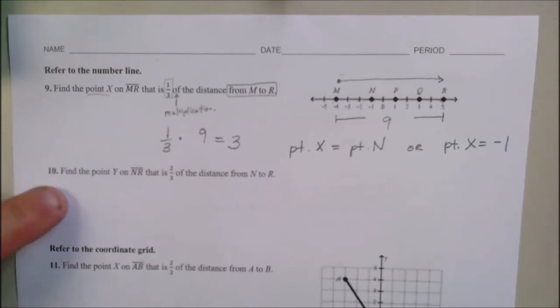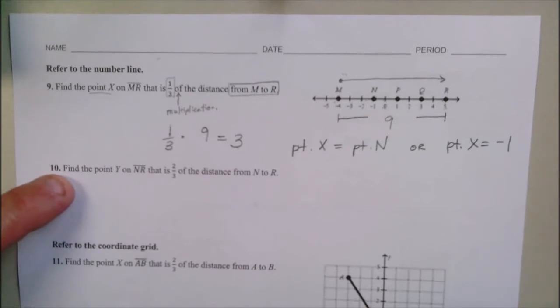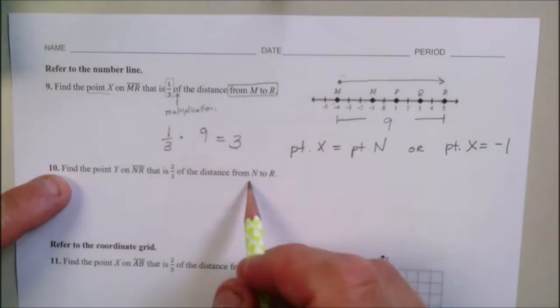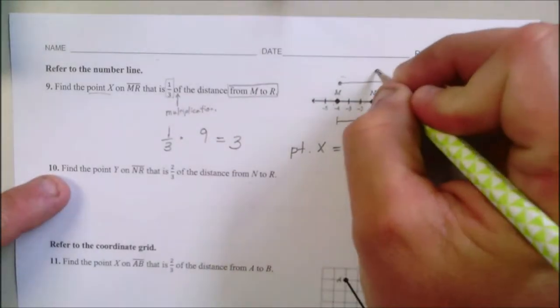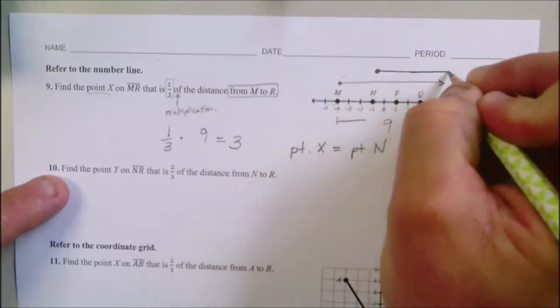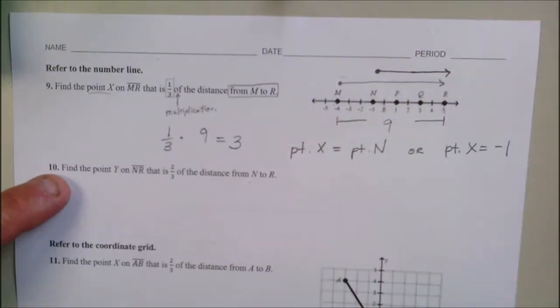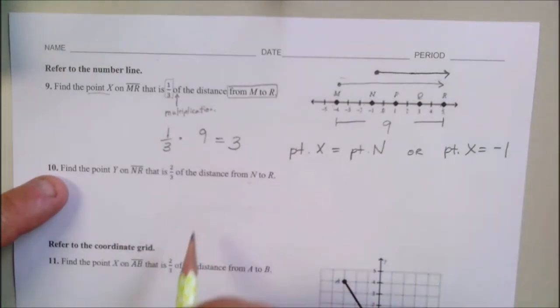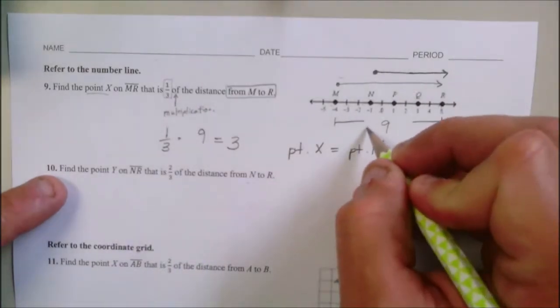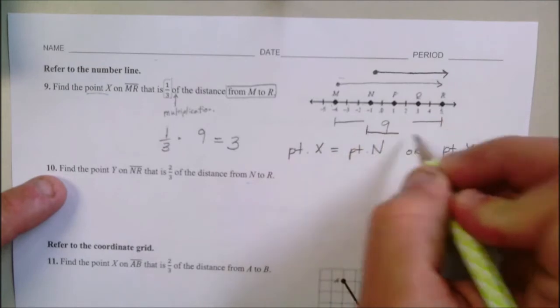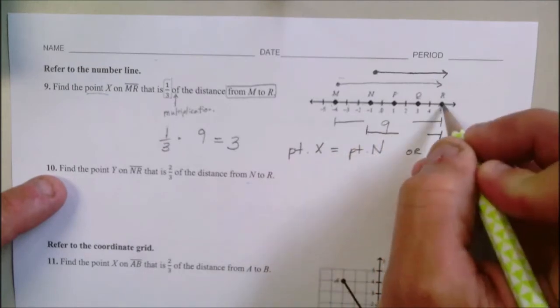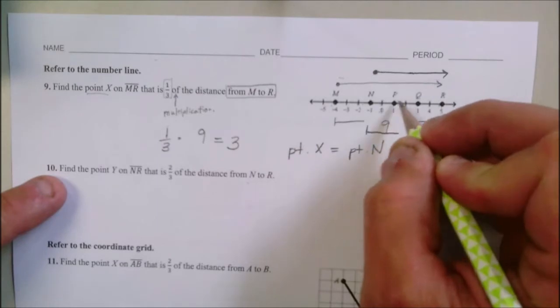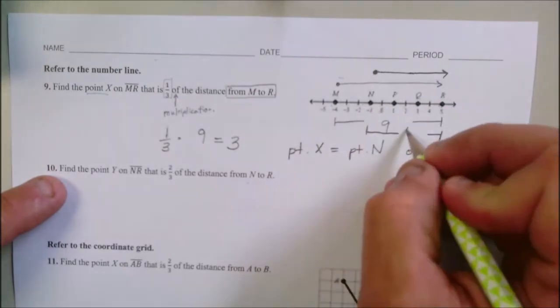Now, for the next one, this one is from N to R. So we're starting here and we're heading in this direction to R, and we're going to go 2/3 the distance. If I figure out the length from N to R, that length is 6: 1, 2, 3, 4, 5, 6.